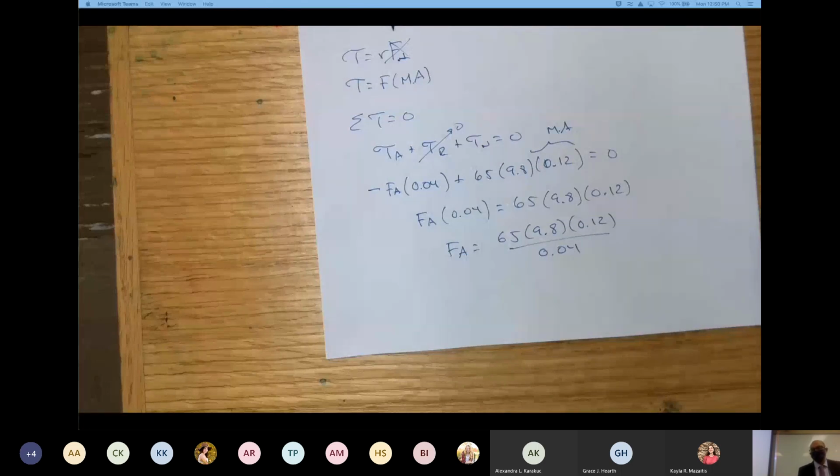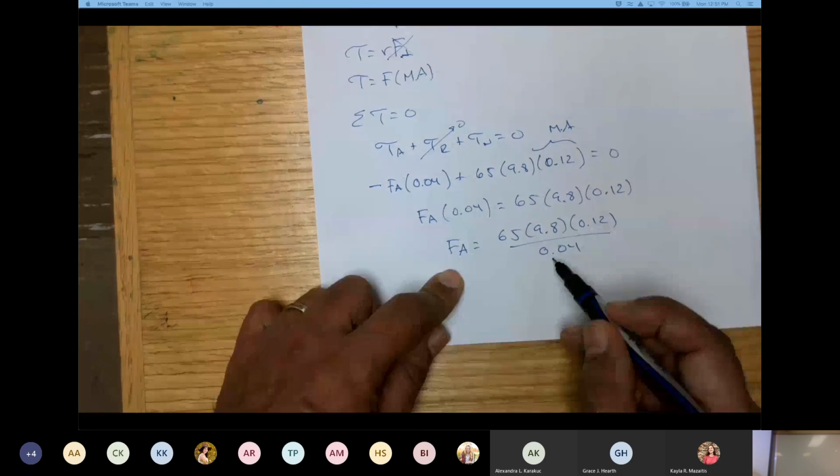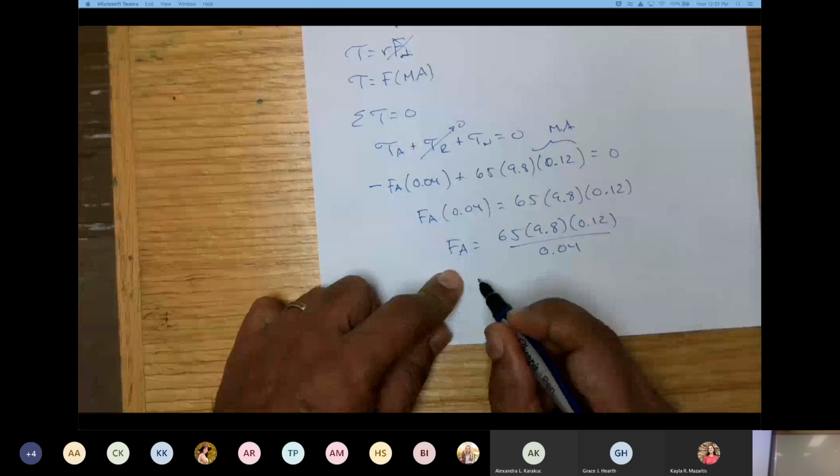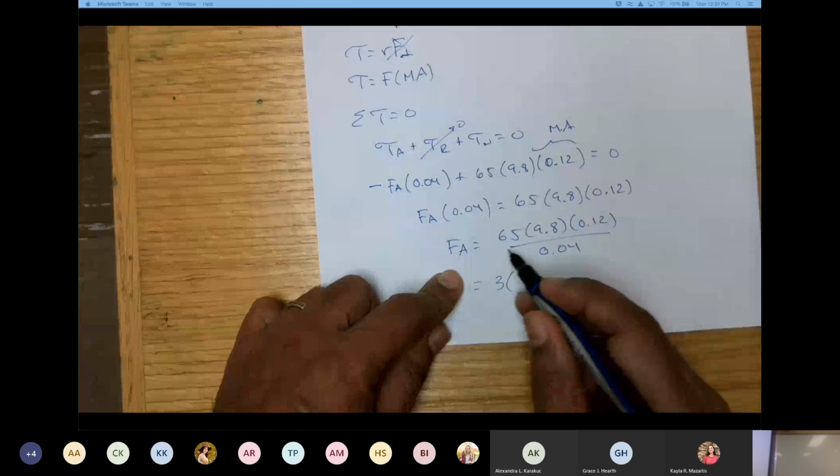So instead of looking at the weight, we're looking at the push of the weight on the person. From here, you can see that 0.12 over 0.04 is a factor of 3. So this is 3 times the weight.